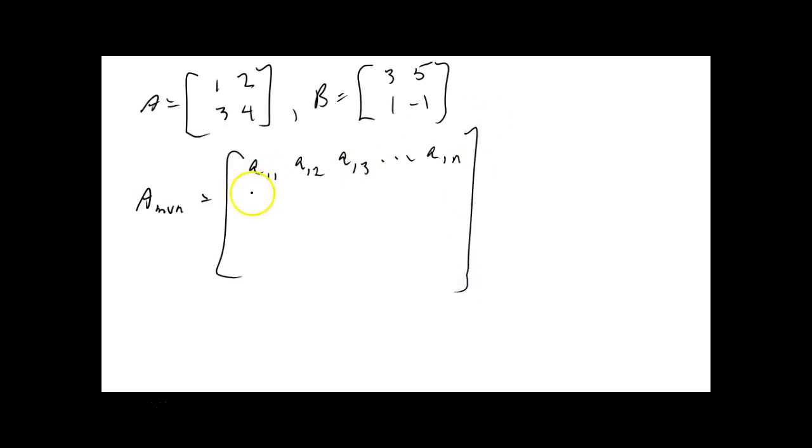Second row would be A sub 2,1, A sub 2,2, A sub 2,3, dot, dot, dot, up to A 2n. A sub 3,1, A sub 3,2, A sub 3,3, dot, dot, dot, up to A sub 3n.